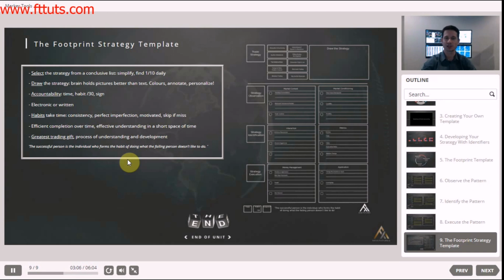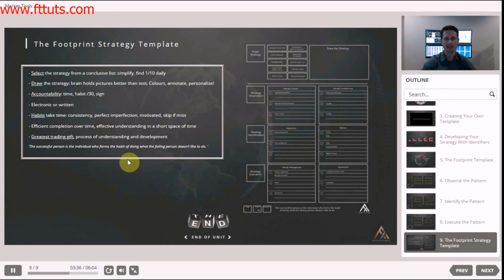This is a situation of the perfect imperfection, where you might want to initially write down everything perfectly and try and get every answer right, but it's not about being perfect. It's just about forcing you to think, forcing you to write down your fact-based observations. And over time, if you write these down, eventually you're going to become very perfect at your trading, even though you were doing imperfect observation analysis.